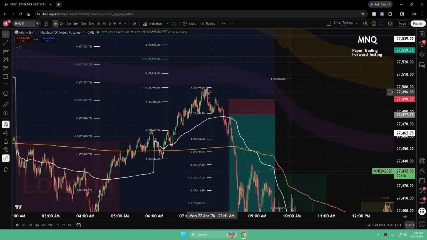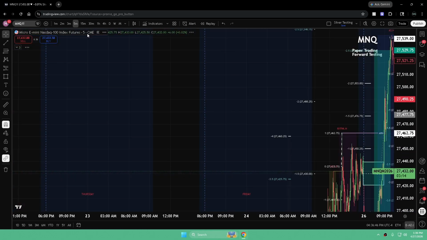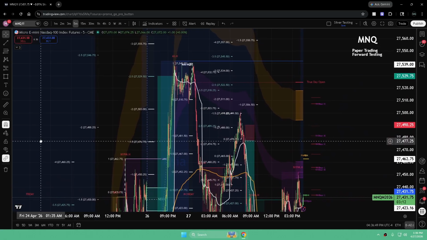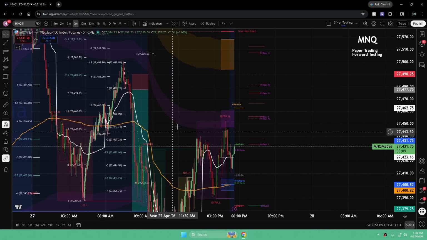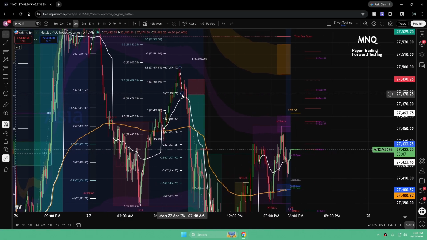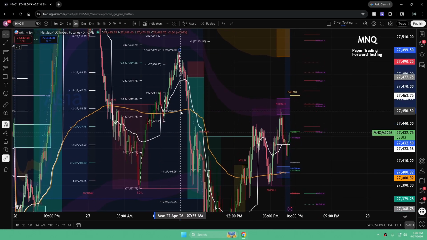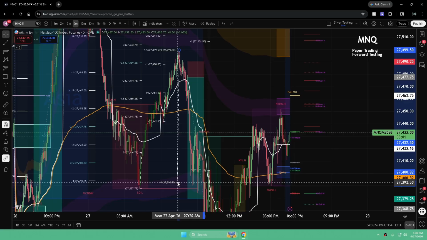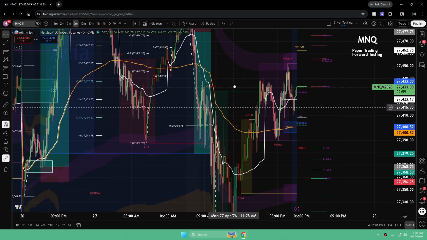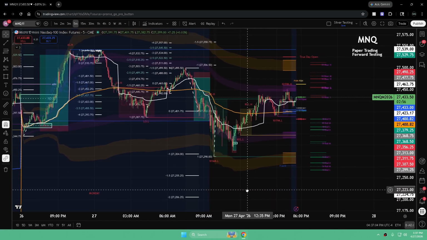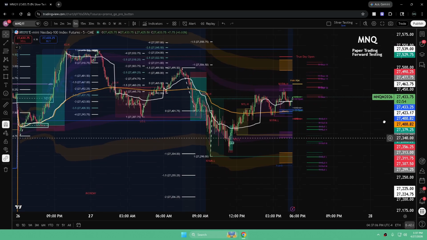If you go on a 5-minute around this time, right about here, we take it to this candle low right here. We get a rejection off -1.